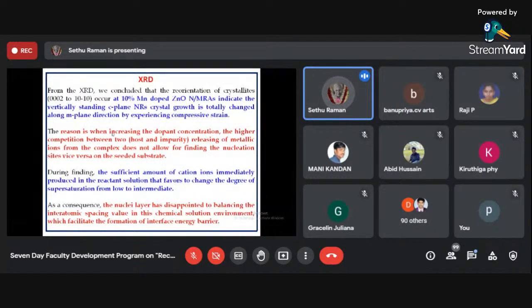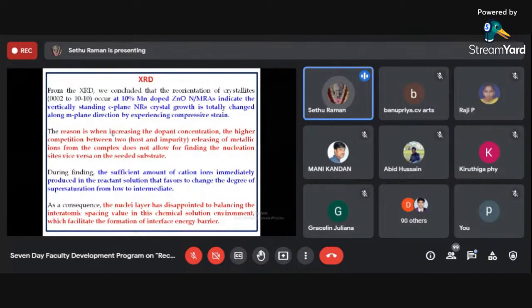What are the findings from the XRD pattern? From the XRD, we concluded the reorientation of the crystallites from 0002 to 101̄0 occurs at 10% Mn doping. That simply indicates that the vertical standing c-plane nanorod crystal growth is totally changed along the m plane direction, experiencing compressive strain on the surface of the substrate.